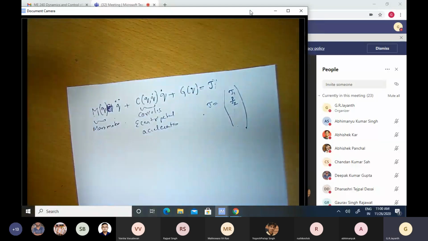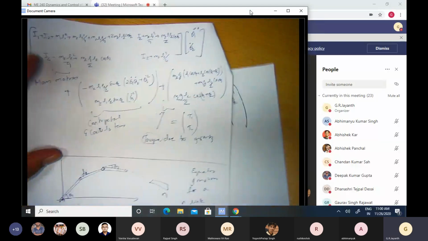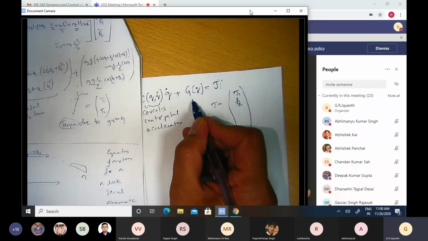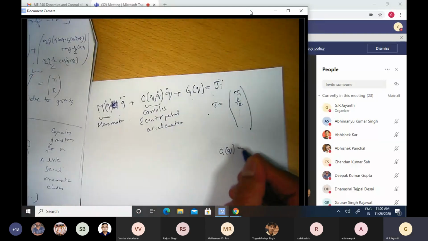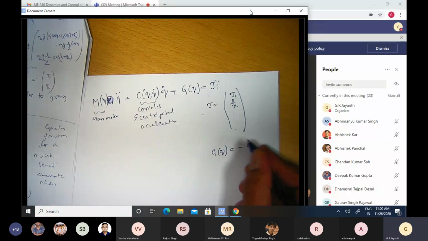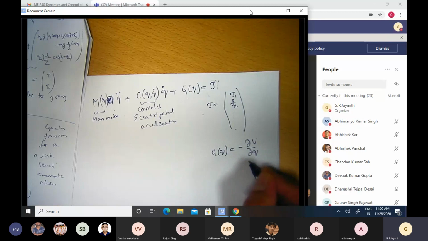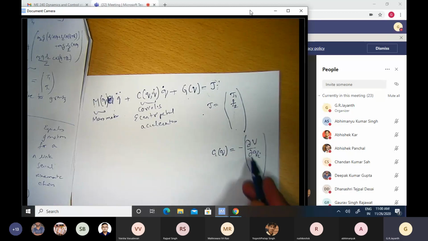Okay, and the last term is G of q. G of q is basically the partial derivative of the potential energy V with respect to q. So this represents a vector. Delta V by delta q1 will be the first term, delta V by delta q2 will be the second term, and so on and so forth.